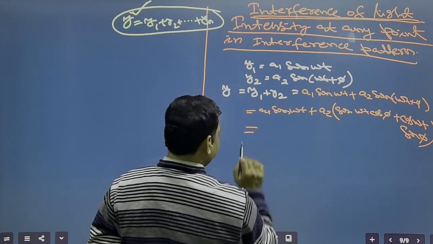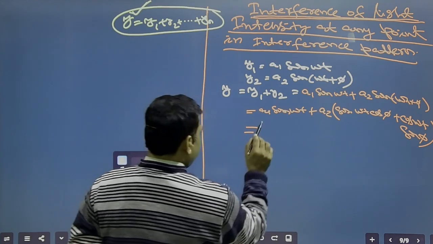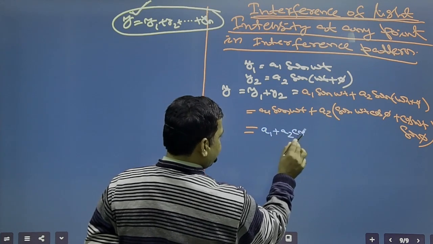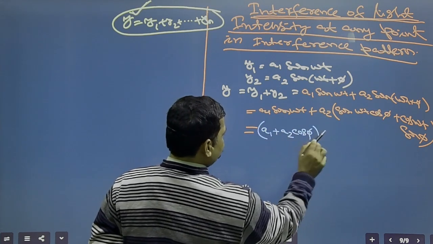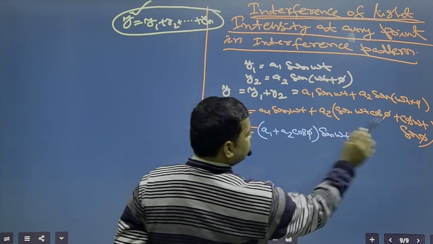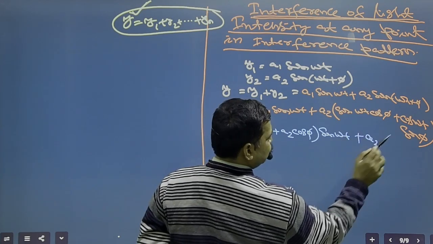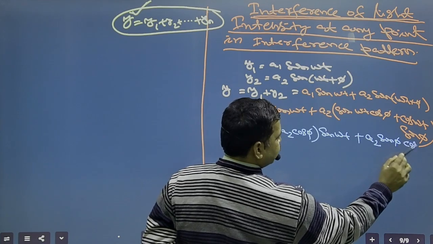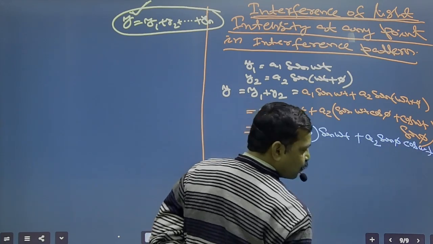So here I will be getting (a1 plus a2 cos phi) times sin omega t. Similarly, plus we will be getting this term, a2 sin phi cos omega t.